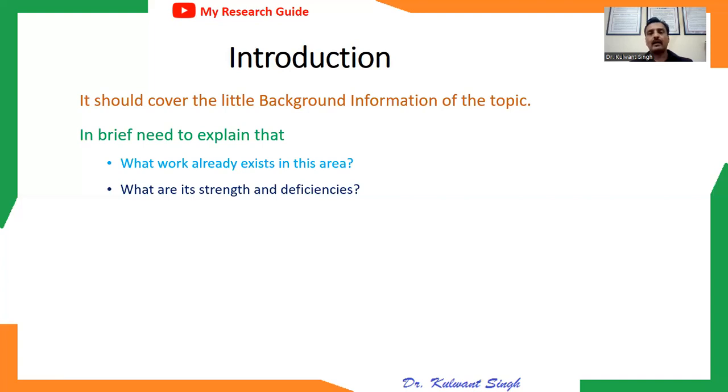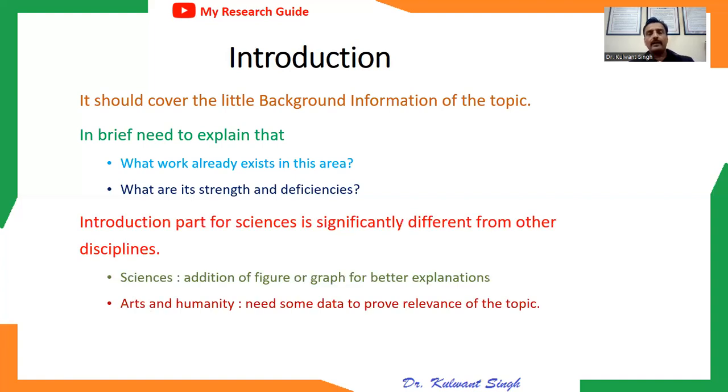That means what are the important things, or you can say good things, about the existing information on the particular topic, and what are the limitations of the existing work, existing knowledge. The introduction part for the sciences is somewhat different from other disciplines.